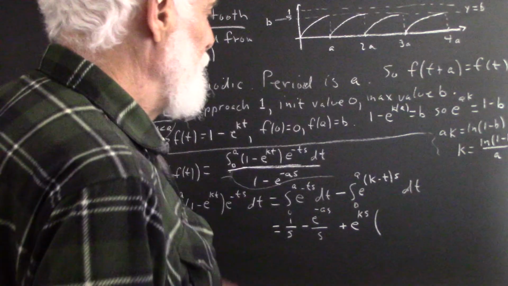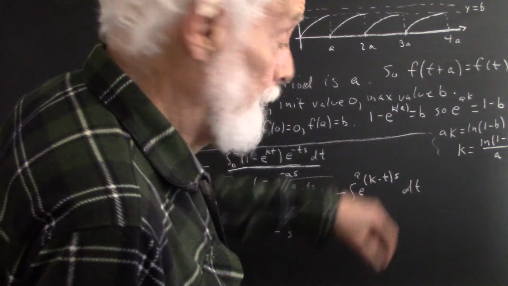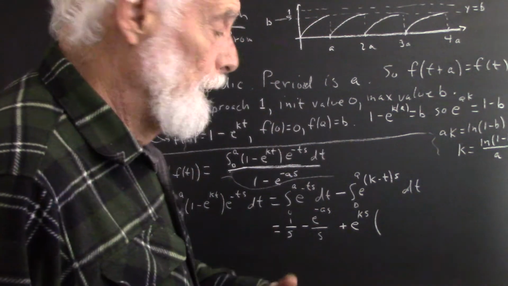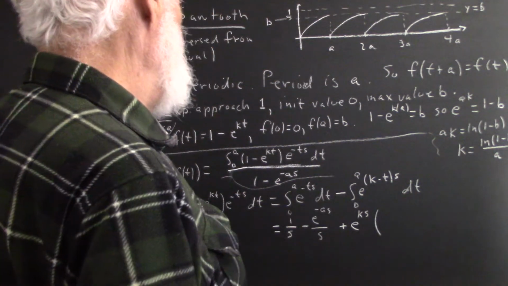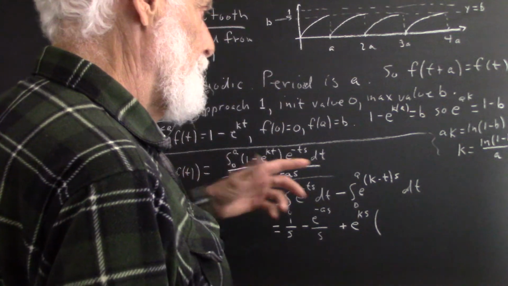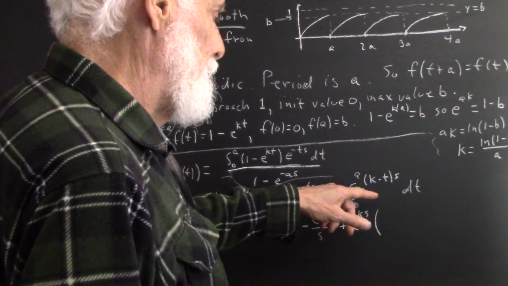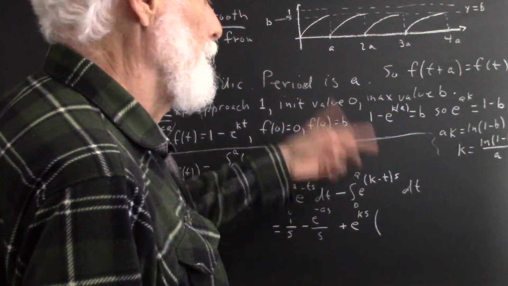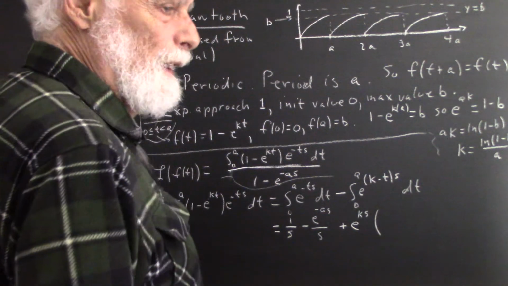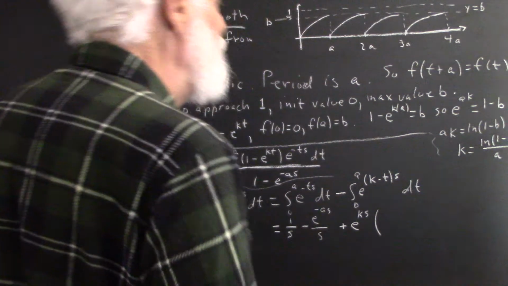But anyhow, we have an e to the ks, and then it's multiplied by just the integral of e to the negative ts dt, which we know to give us negative 1 over s, as the lower limit, and I'm going to use the positive at the lower limit and negative at the upper limit, and I'm doing it in my head. I don't want to write it out. Write it out yourself.